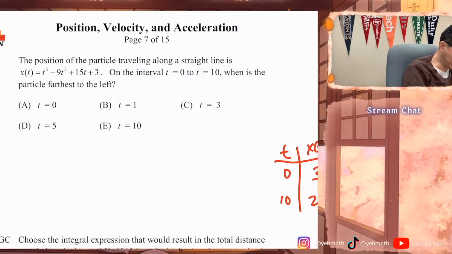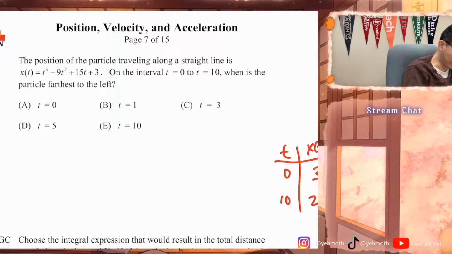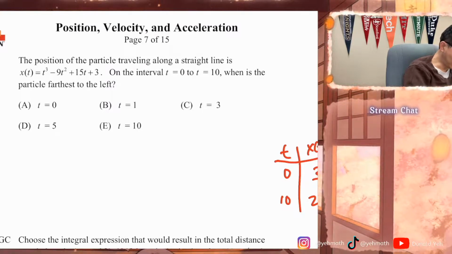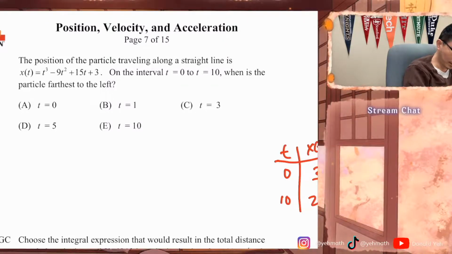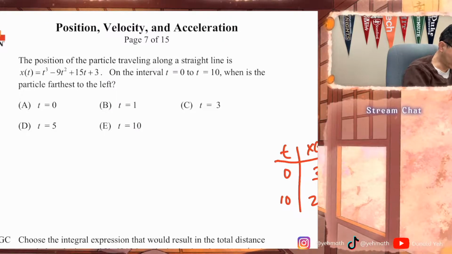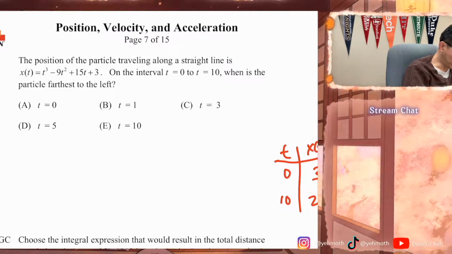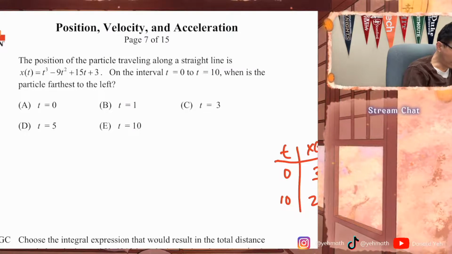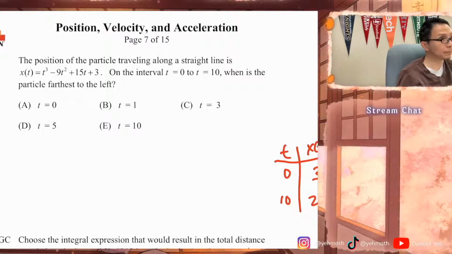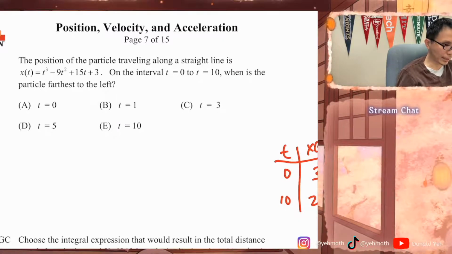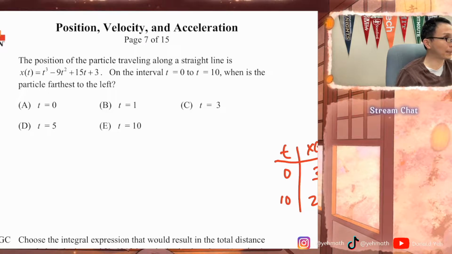Not like I don't trust him, but I just want to be very precise. x cubed minus 9x squared plus 15x, and then plus 3. So that's function 1 at 10. It's 253. Yep, thank you. So that's not furthest left. That's probably furthest right.